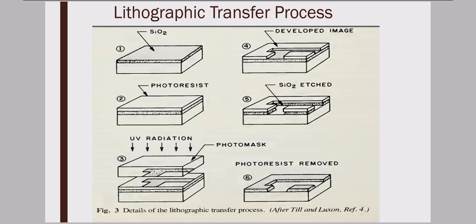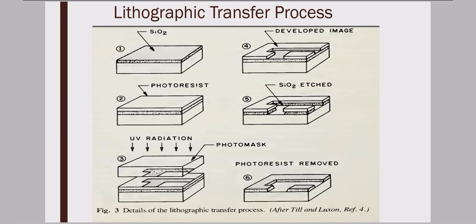Just think of it as a chemical applied on it which makes some portion hard and some portion soluble whenever it is exposed to light, and that light is UV radiation here. We apply a photomask, as you can see in the third step, with UV radiation above it, and after exposure some pattern is formed in figure 4. You can see this is our developed image. Then in the fifth step we do the etching process, where the unwanted material below is removed.